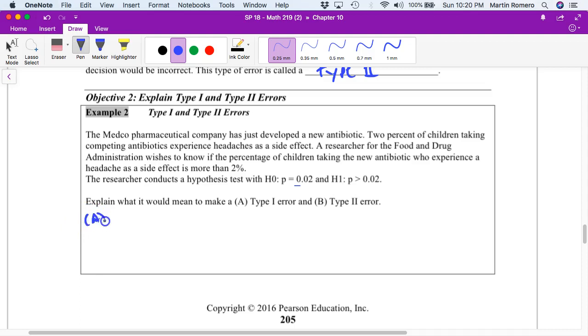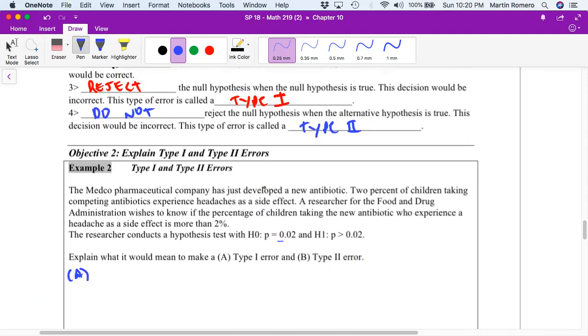So part A, type 1 error. Type 1 error is to reject the null hypothesis when the null hypothesis is true. So in this case, what does it mean to make a type 1 error?